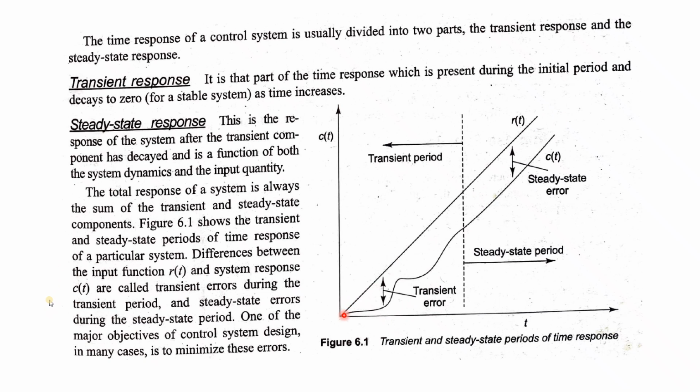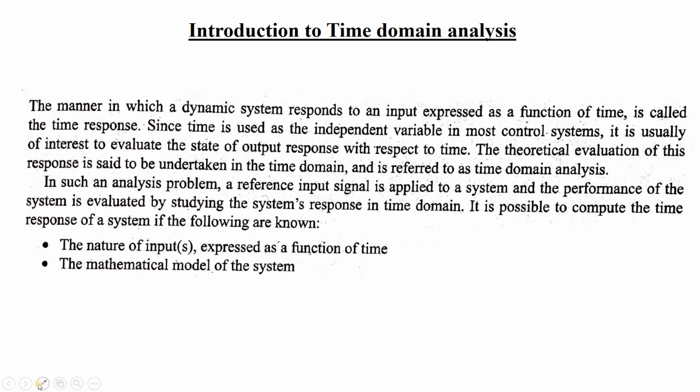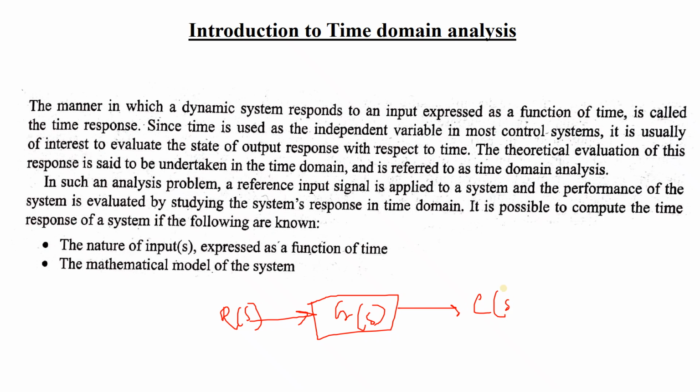Okay, suppose you see this particular figure 6.1. You can see this straight line is r(t). What is r(t)? r(t) is the input signal, because we have seen in the transfer function in a block diagram, suppose G(s) is the transfer function, R(s) is the input and C(s) is the output.